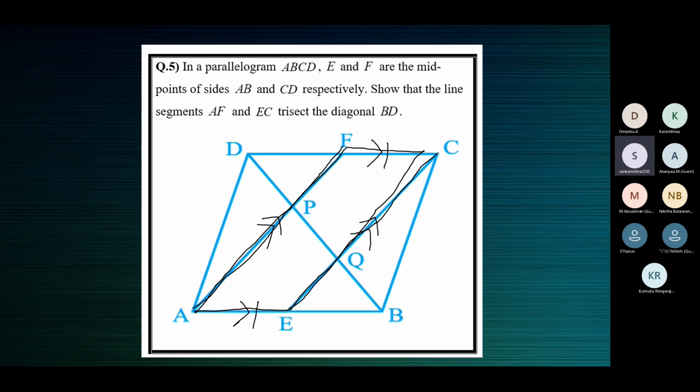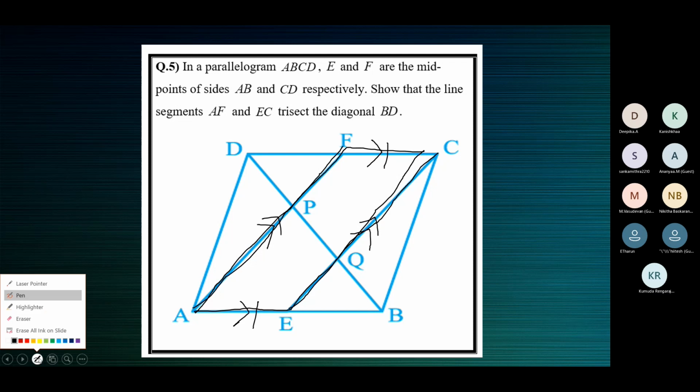So since E and F are AB and CD's midpoints respectively, EC is parallel and equal to AF, CF, and in a parallelogram, since the opposite sides are equal and parallel, AF is parallel to EC. Yeah, AF is parallel to EC because AECF is a parallelogram. Thank you, Sankamitra. So AF is parallel to EC because now we have proved that AECF is a parallelogram.